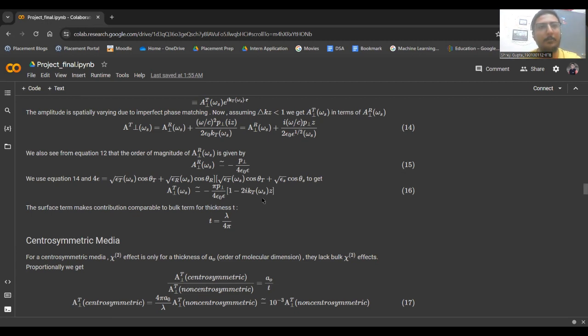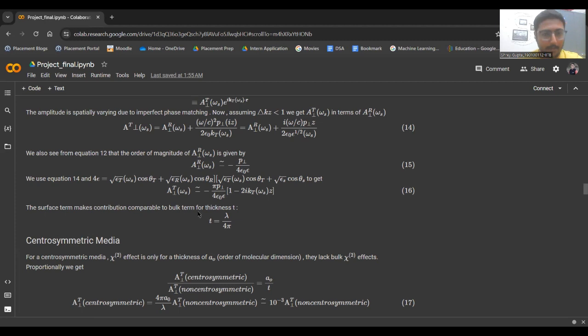And as we all know, the decay constant of an EM wave in a material is given by the amplitude as a function of r equals A naught into 10 to the power minus r by t, where t is the decay constant or thickness constant of a material. So here we can see 1 by t equals 2 k_t, and we can write k as 2 pi by lambda.